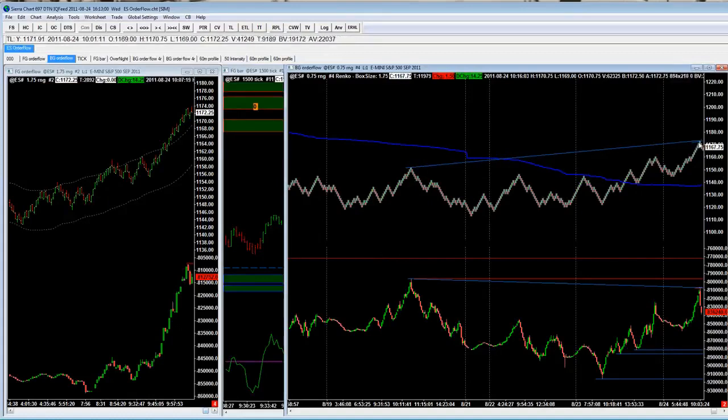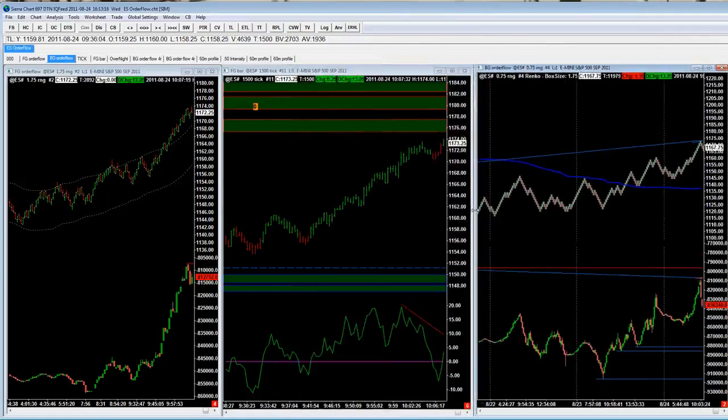Price made a higher high this morning at 10 o'clock or 10:30, and yet order flow didn't. So what is that telling us? That, well, the smart money short traders are staying committed here on the higher time frame. That's the background. And on the foreground, this is the first time, and I made note of that. This is the first time that we really noticed that to such a big degree here. Once the market opened, that shorts were starting to stay committed. So now we have the smart money here on the smaller time frame staying committed with the background of smart money staying committed to the short side.